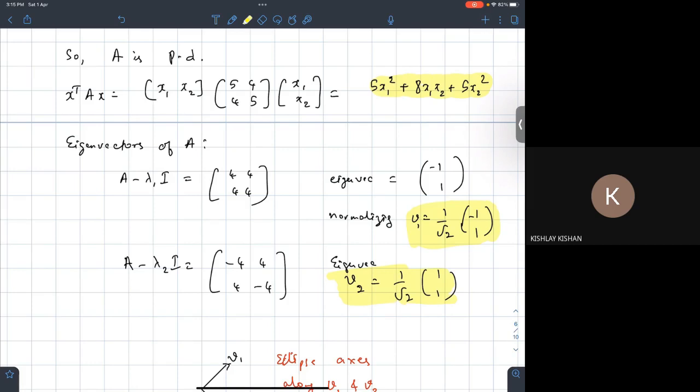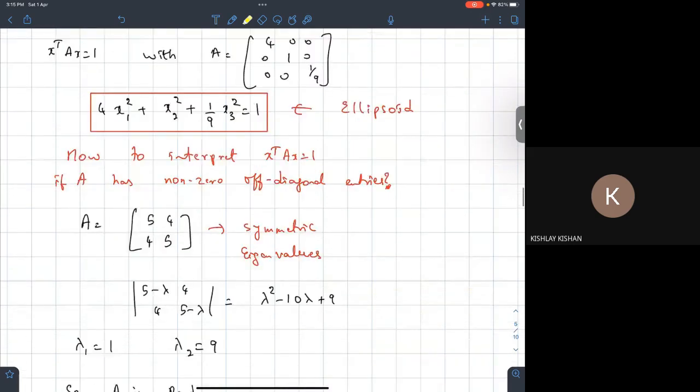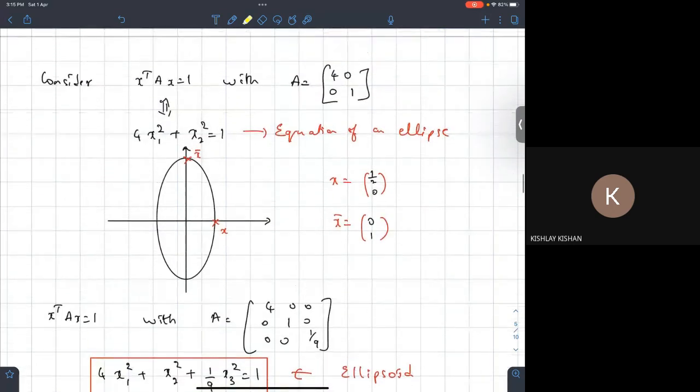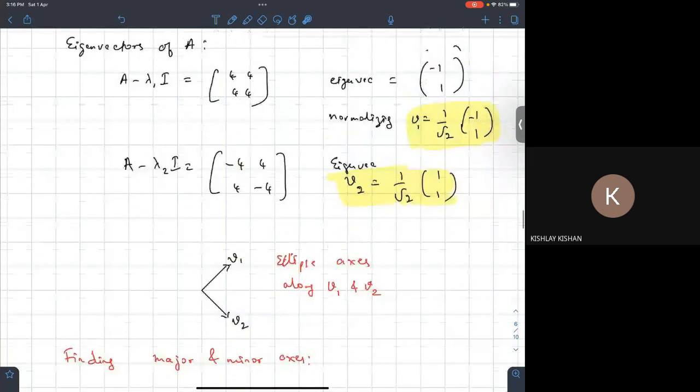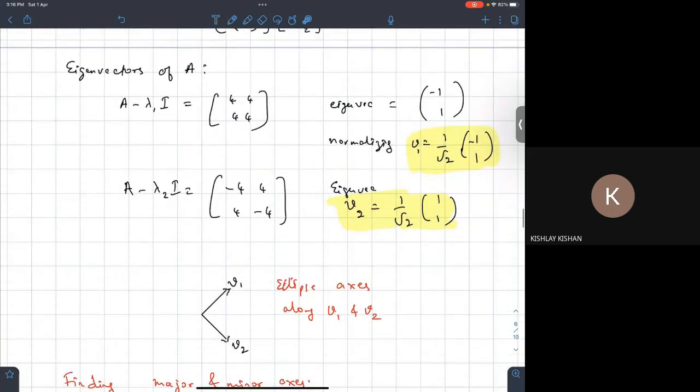If you look at the ellipse that I got here, the axes were aligned to the x and y axis. Whereas if you have off-diagonal entries, that may not be the case, but the alignment will happen to the eigenvectors. You'll get an ellipse with axes aligned to V1 and V2.